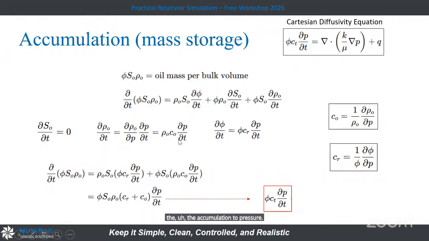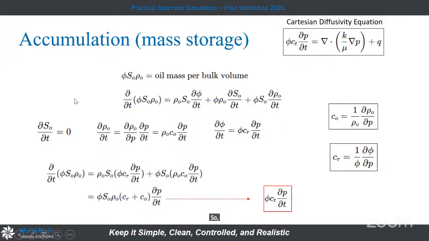So it will be like this. If we say the density changes with time, I am talking about the compressibility of the fluid, and the porosity, the compressibility of the rock.